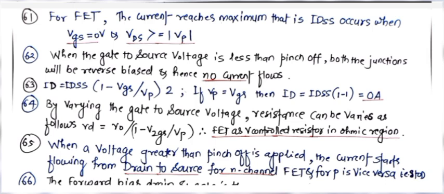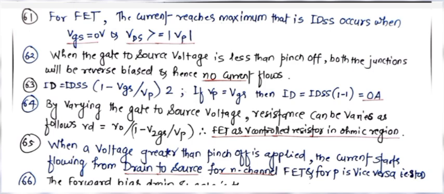When the gate to source voltage is less than pinch-off, both the junctions will be reverse biased and hence no current flows. So from the equation of ID, if VP is equal to VGS, then ID will be 0 ampere.